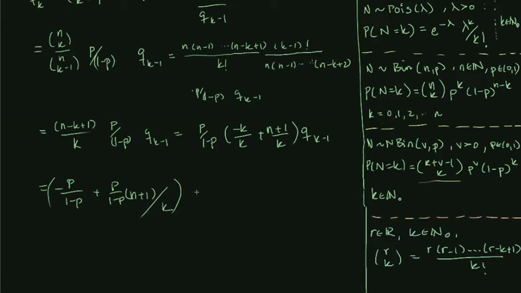Parentheses around all of this, multiplied by qk minus 1. So what I recognize here is that this thing is my A and this thing is my B.